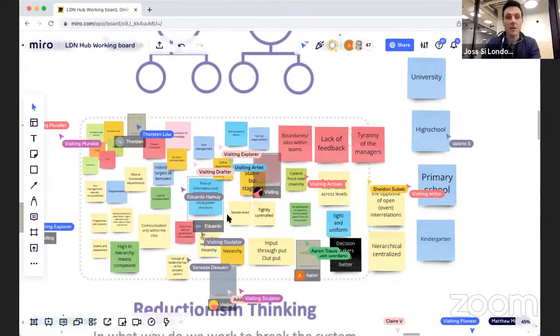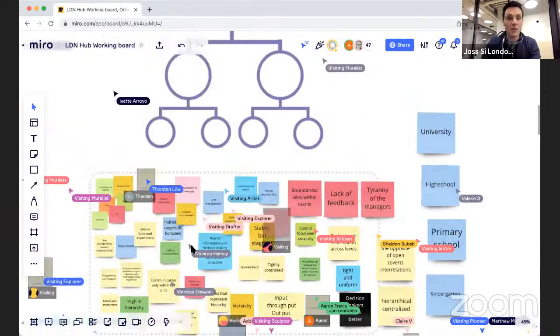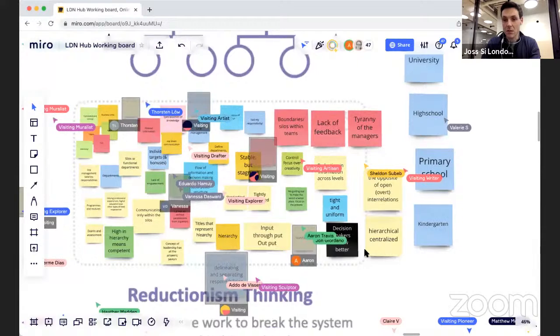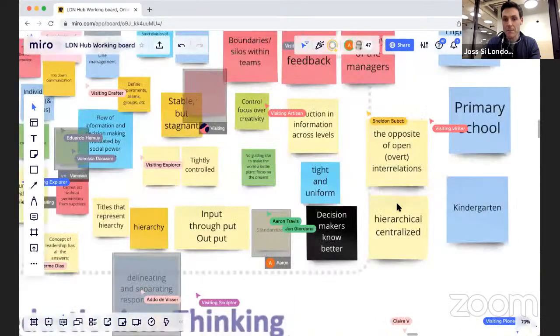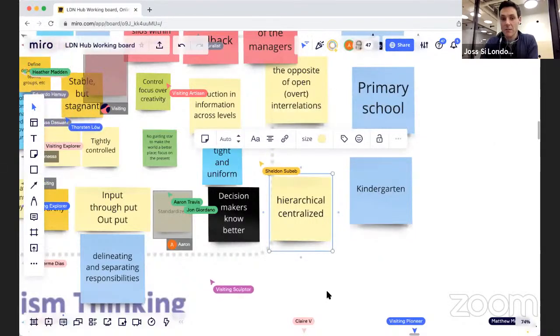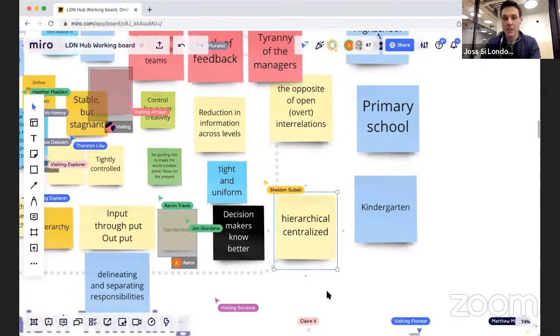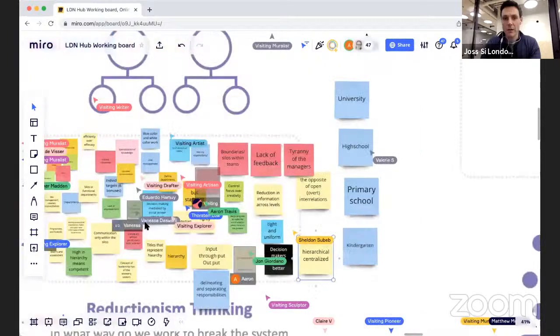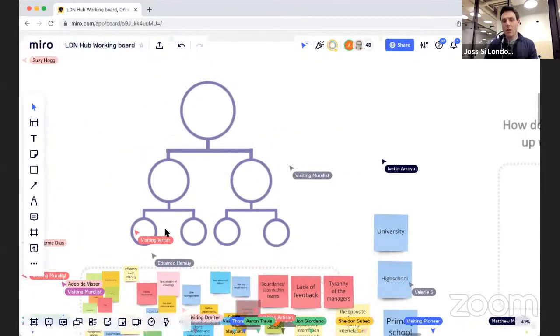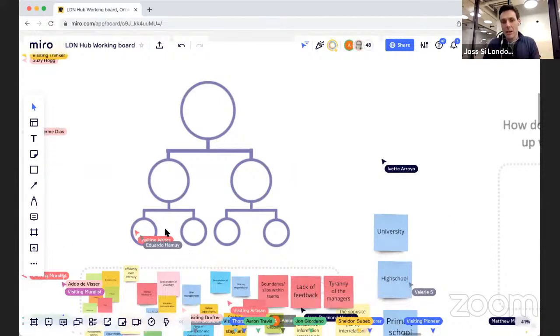Okay, let's take a look at what we've found here, thinking about organizations in this reductionist paradigm. Hierarchical, centralized. Yeah, when we break things down like this, we then have to put them back together again some way, and often that ends up in a hierarchical structure like that.